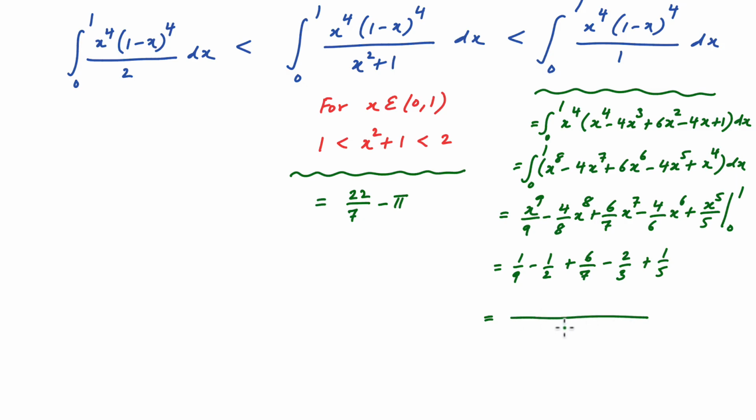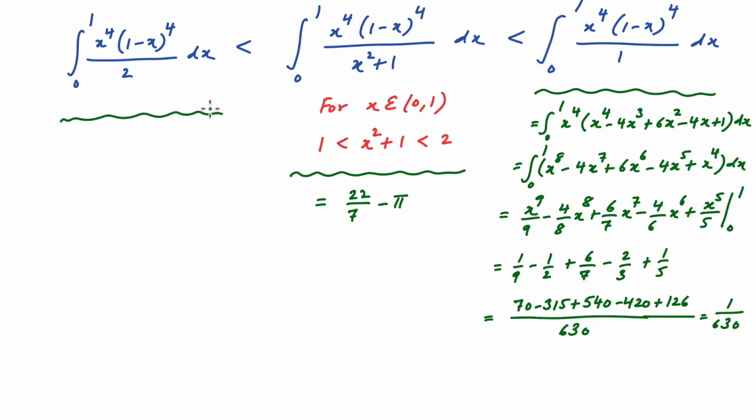The common denominator is 630, and we get in the numerator 70 minus 315 plus 540 minus 420 plus 126, which simplifies to 1 upon 630.